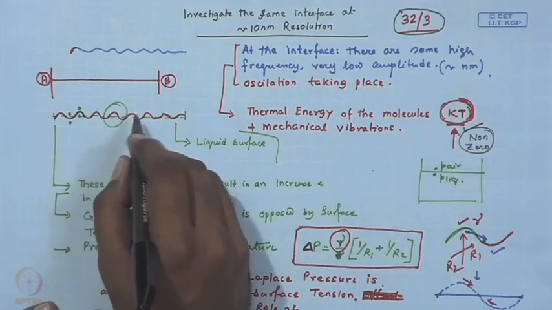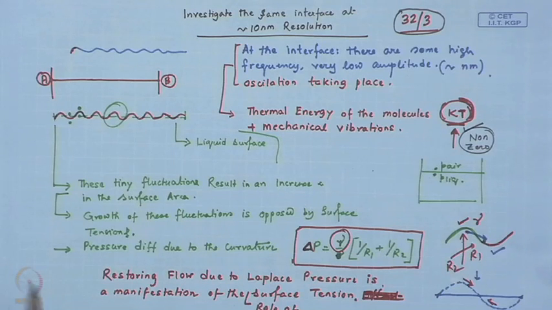Also, since the surface of the liquid is no longer flat, you have a non-zero spatial distribution of Laplace pressure, because we have already studied in one of our previous lectures that if you have a non-planar surface, there is Laplace pressure.